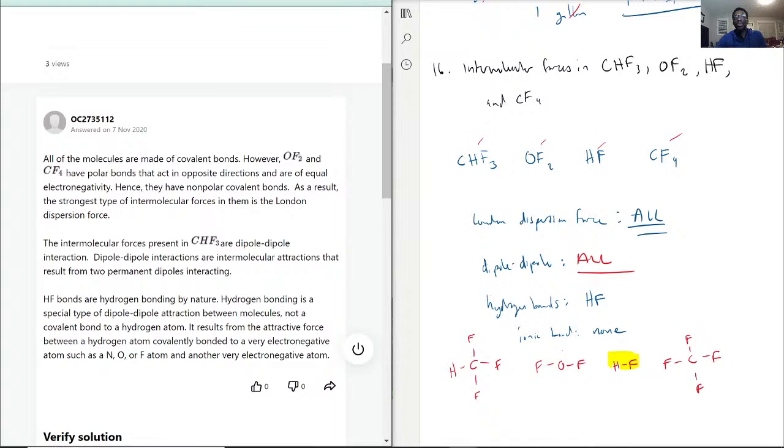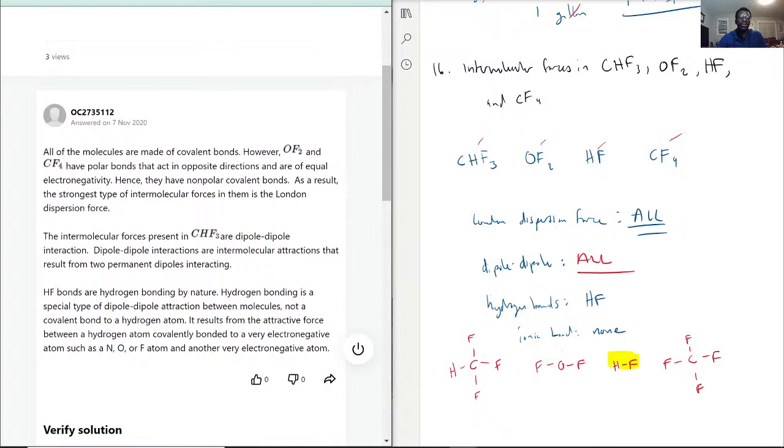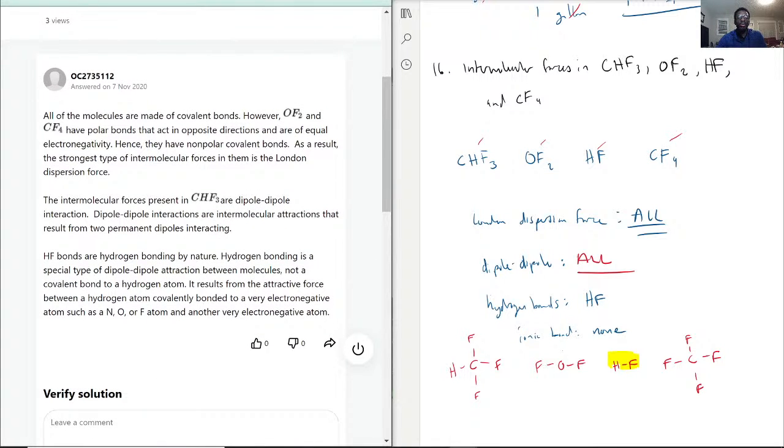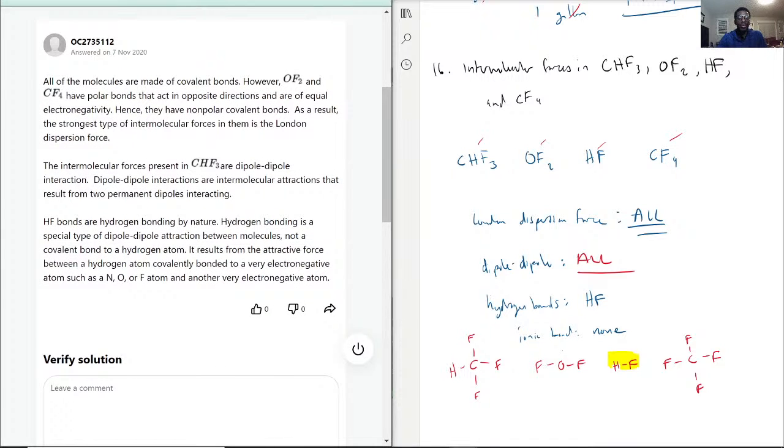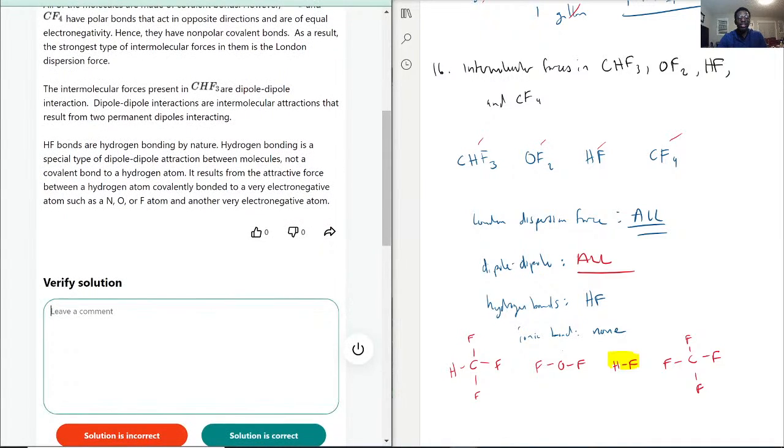It still forms poles, so technically I wouldn't agree with that. The intermolecular force present in CHF3 is dipole-dipole interaction, which is true. HF bonds are hydrogen bonds by nature, which is also true. So this is partially correct.